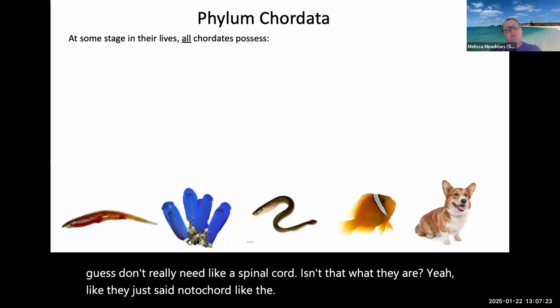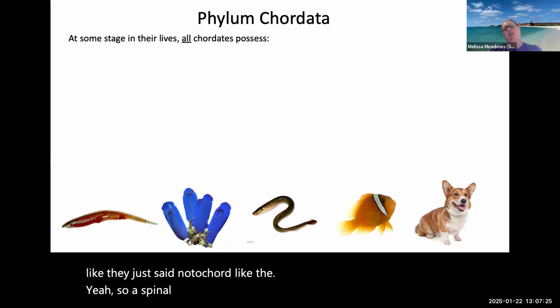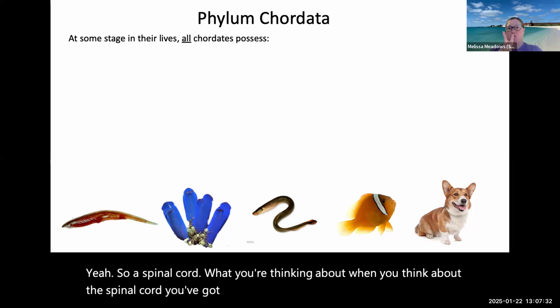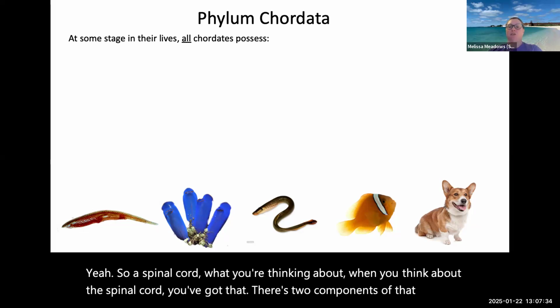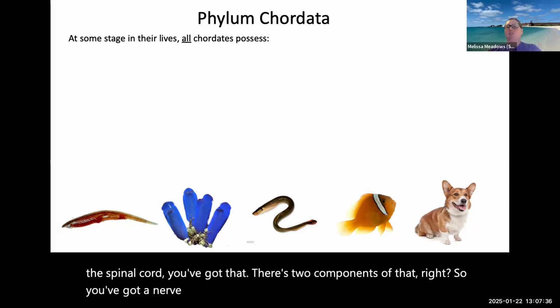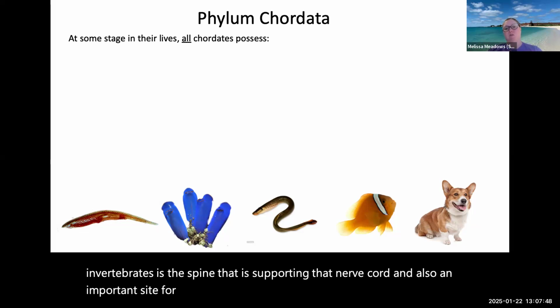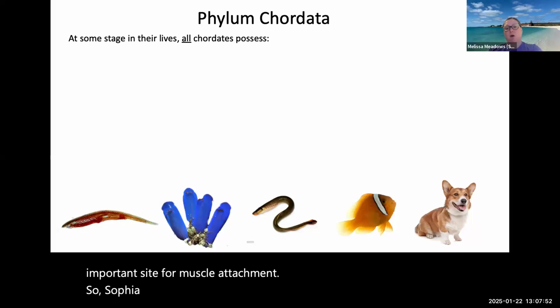Yeah, so a spinal cord, what you're thinking about when you think about the spinal cord, there's two components of that, right? You've got a nerve cord, and then you've got a structure which in vertebrates is the spine that is supporting that nerve cord and also an important site for muscle attachment. So Sophia mentioned notochord and Parker mentioned the dorsal hollow nerve cord.